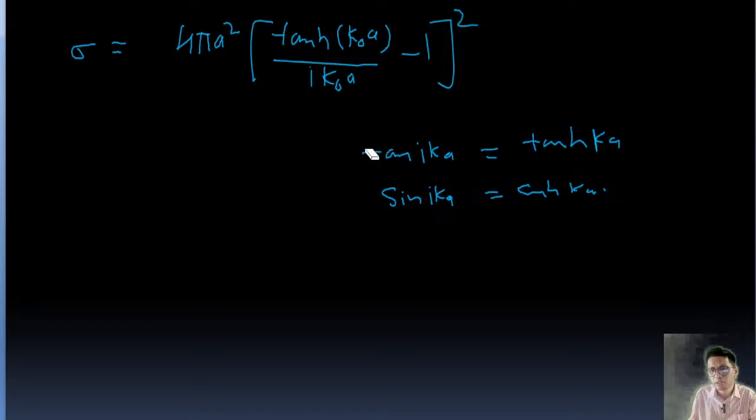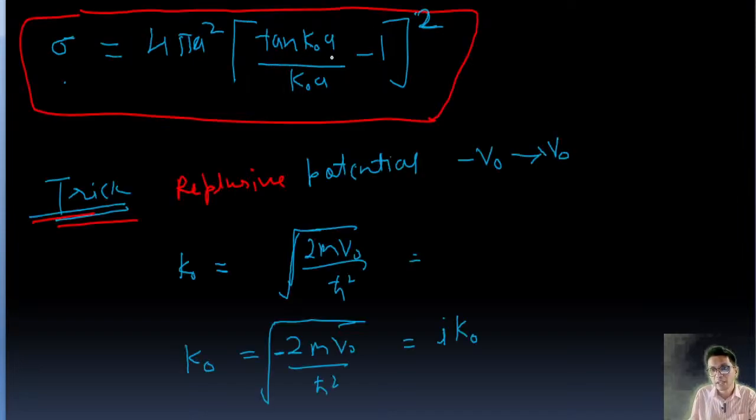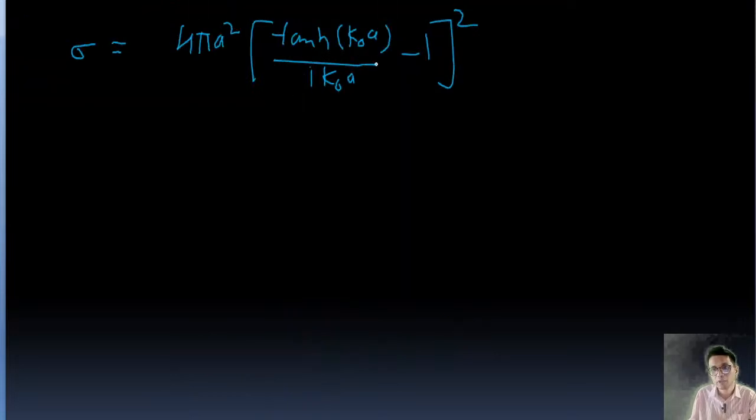This we have also studied in complex analysis, and we have solved some questions. So tan iota K naught a is tanh K naught a, so this is tanh K naught a upon K naught a minus 1. This is the value of sigma in case of repulsive potential. Okay. Next point.